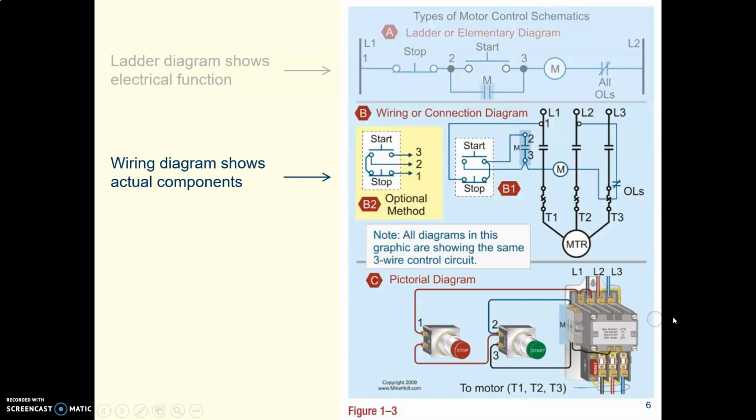In contrast, a wiring diagram does show actual pieces of things, because an electrician might use this diagram to connect wires, and so he or she needs to know what gets connected where. But a ladder diagram just shows the function.